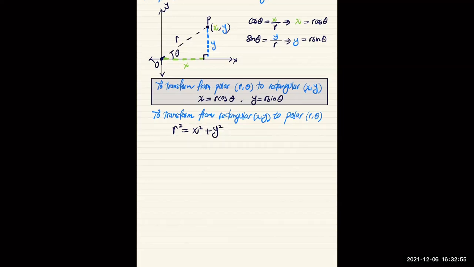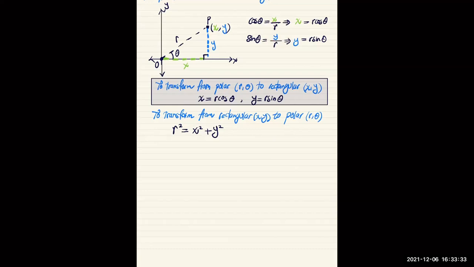When you take the square root, you get a plus or minus. Remember, we said r can be positive or negative. You can choose either one, but you have to choose theta according to that. To find theta, you can, for example, do cosine inverse of x over r. You have cosine theta equal to x over r. You can do sine inverse of that as well.